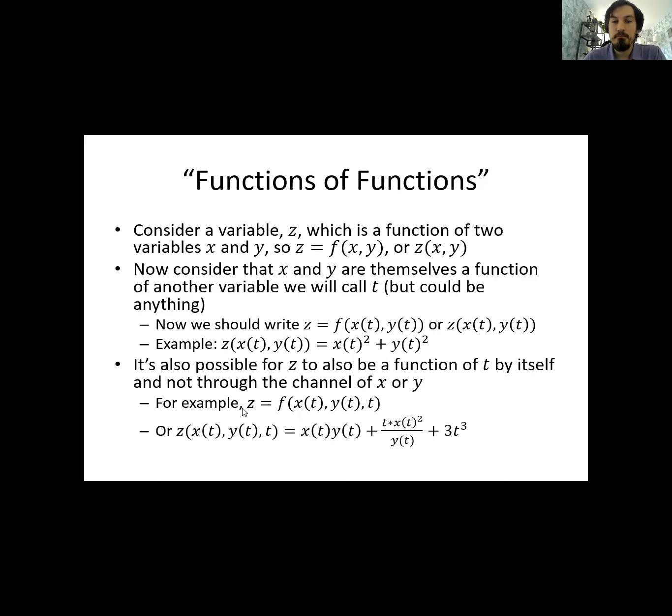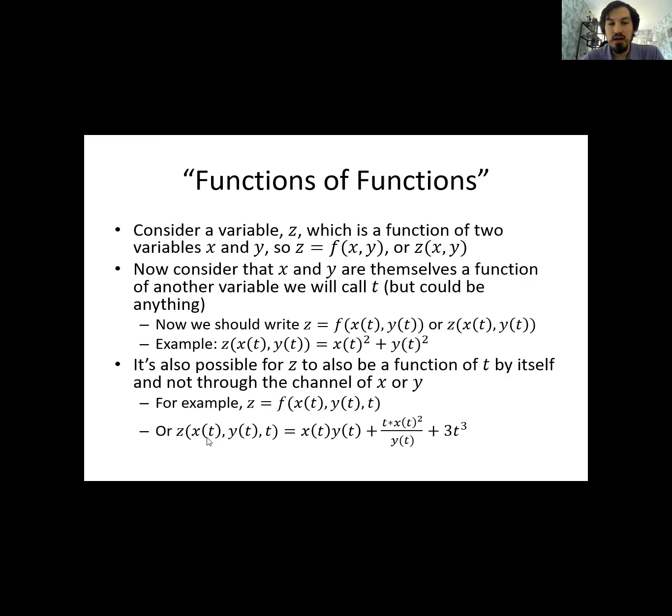So you have these channels: how is t affecting z? T is affecting z in multiple channels. It's directly affecting it because of this last variable, and it's indirectly affecting it through the first two variables, in that t can change x, which would change z, and t could change y, which could change z.